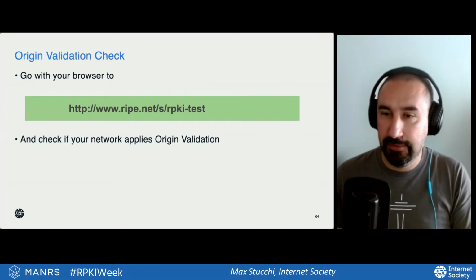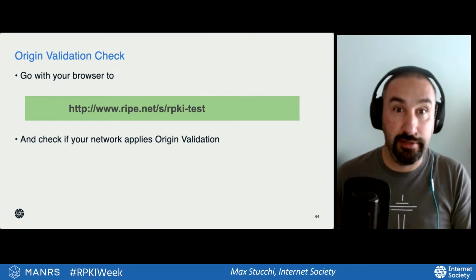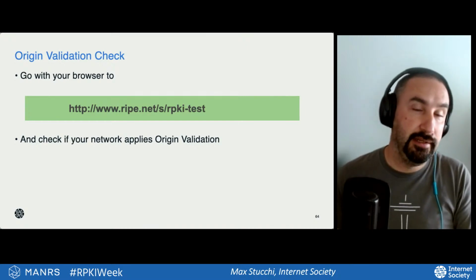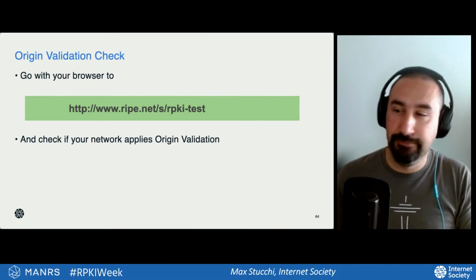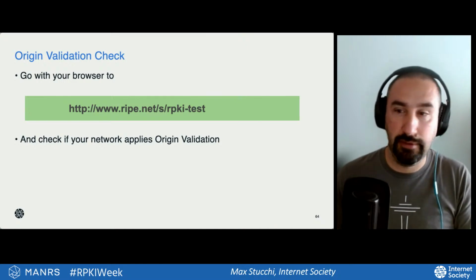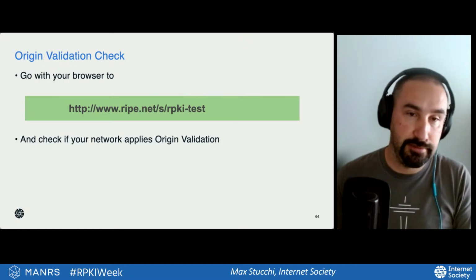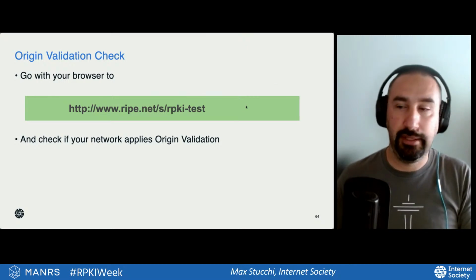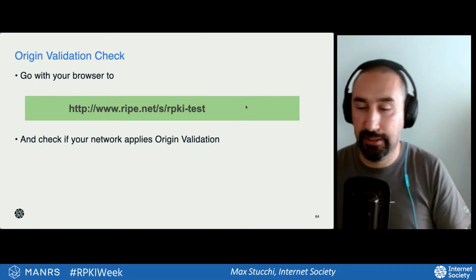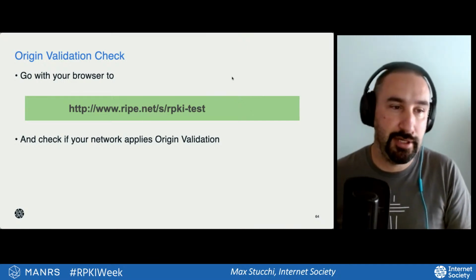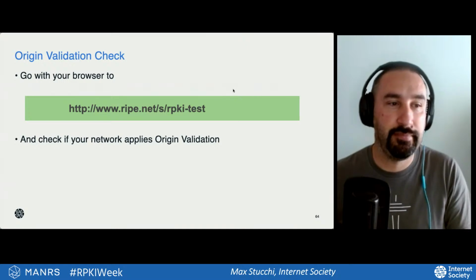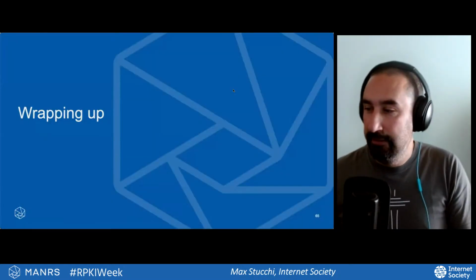At that point, if you can fetch the image from the invalid network, no origin validation is being applied. If you cannot fetch it, if it times out, then it means your network is protected and there's no way to reach the invalid network. It's a very simple trick you can do in JavaScript. So far, so good.